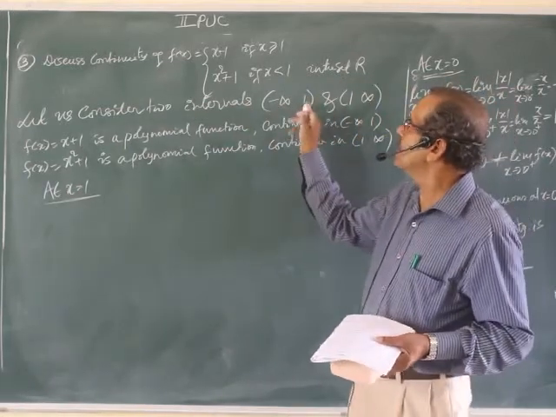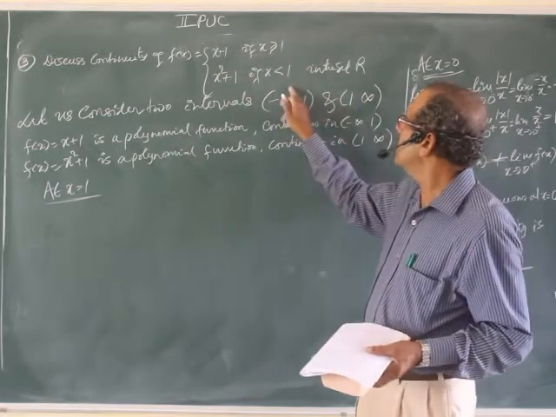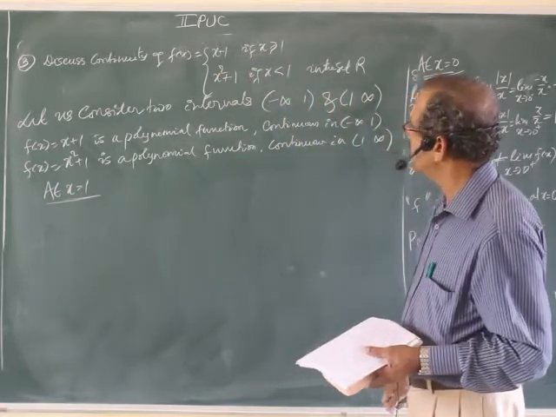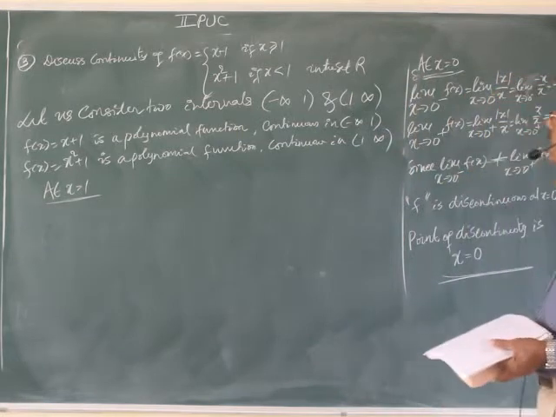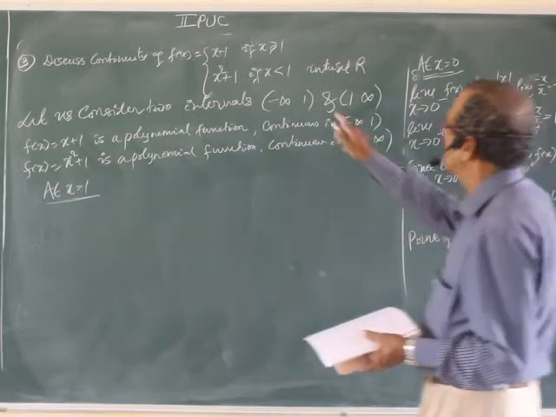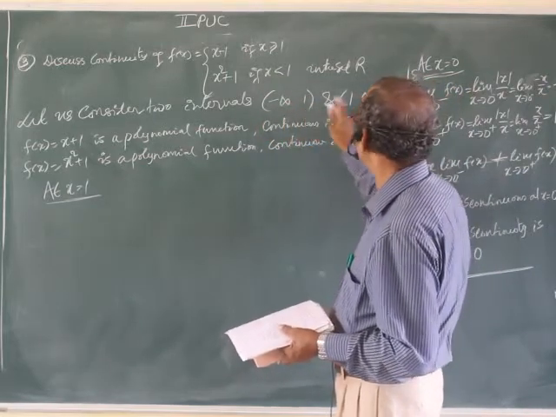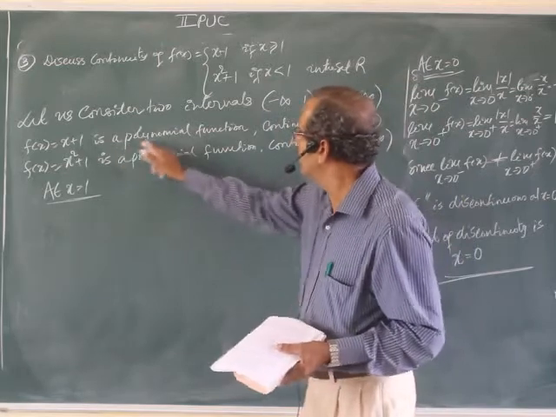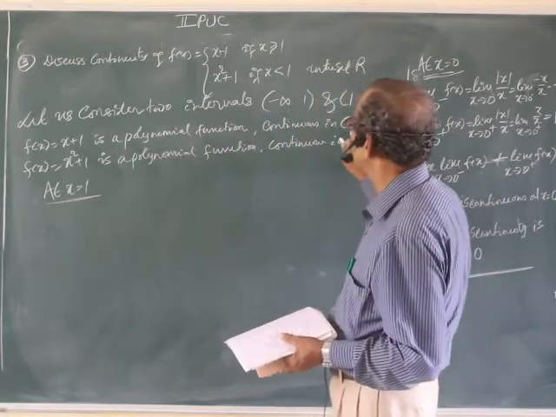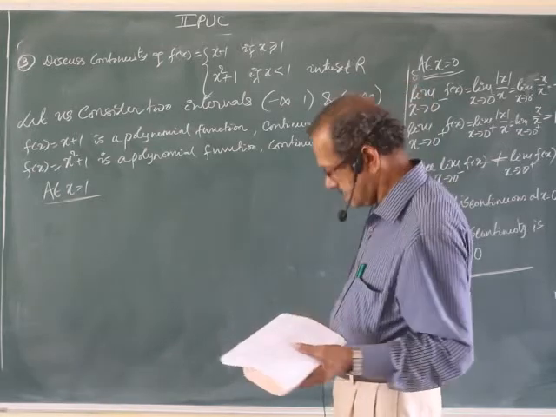Minus infinity to 1, linear equation, continuous. 1 to infinity, x greater or equal to 1. Have I done mistakes here? x less than 1. The two intervals, minus infinity to 1 and 1 to infinity, are polynomial functions, continuous. Remember, the equation has been changed.